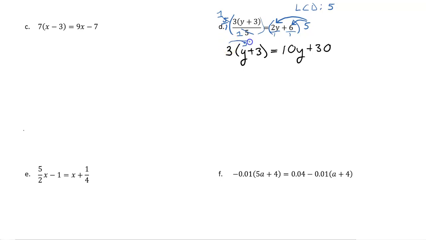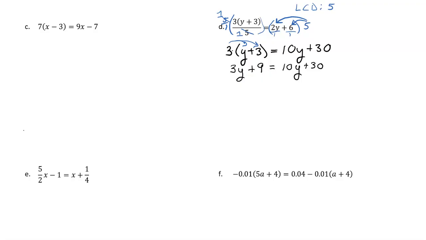So let's get rid of the parentheses on the left side. Distribute that 3 all the way through. It's being multiplied through. So I'm going to have 3y + 9 is equal to 10y + 30. Then we'll start combining our terms on the same side.